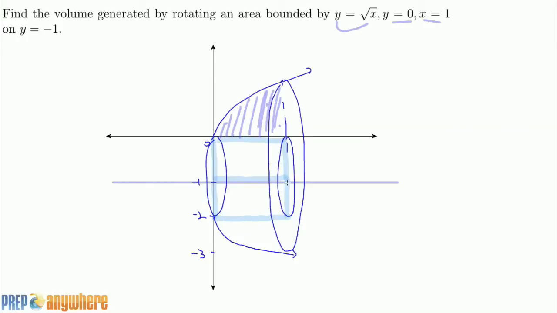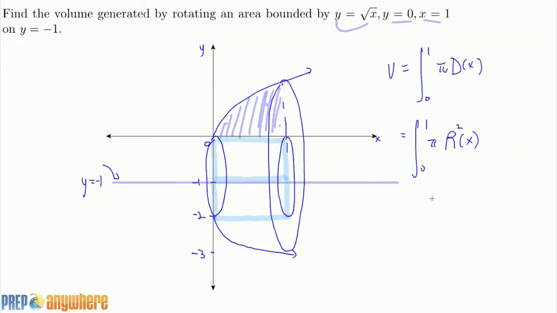Yeah. Okay? Now, the center of rotation is this, y is equal to -1, not the x-axis or the y-axis. So the approach is the same. Volume is integration from 0 to 1, pi, disk as a function of x, right, which is, I'm going to write this time here, pi, radius as a function of x squared, okay?